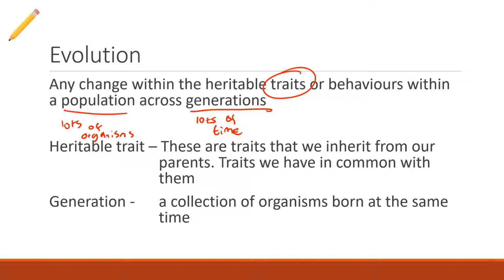If you're a plant, it could be that you make flowers. They're things that you do, not necessarily things that you have. And a generation is just a group of organisms born at the same time. So when we say two generations, we're talking about the children of children, and when we talk about 3 generations, we're talking about great grandchildren. 4 generations, 5 generations, great great grandchildren, stuff like that.